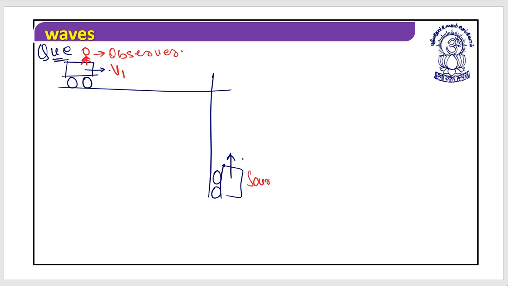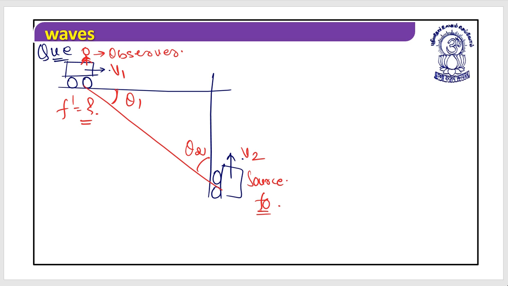This is the source of the sound wave with f naught, and it is moving in this direction with v2. If we connect these two lines, let's say this is angle theta 1 and this is angle theta 2. So if this is the sound produced by the source with frequency f naught, what will you hear is the question.